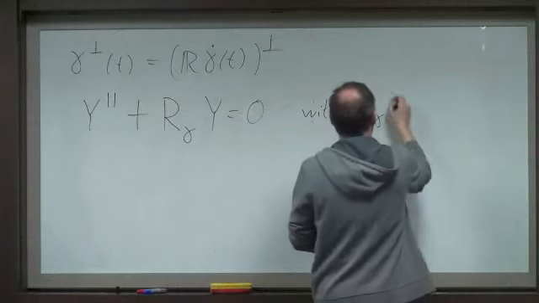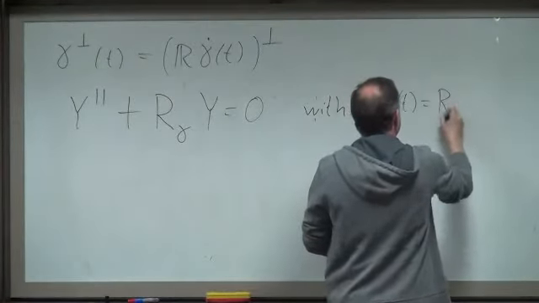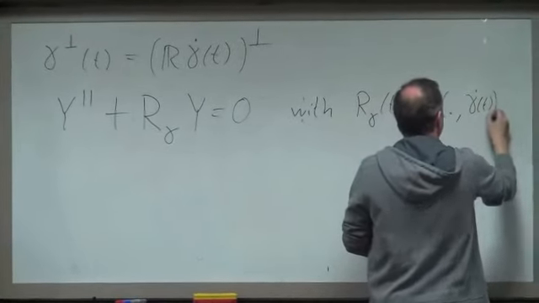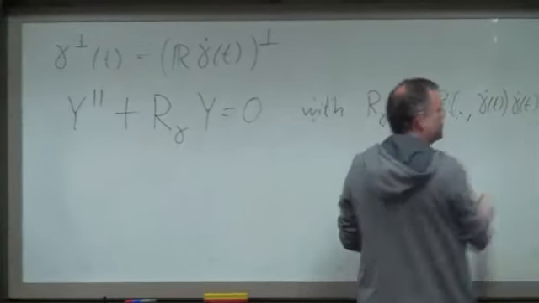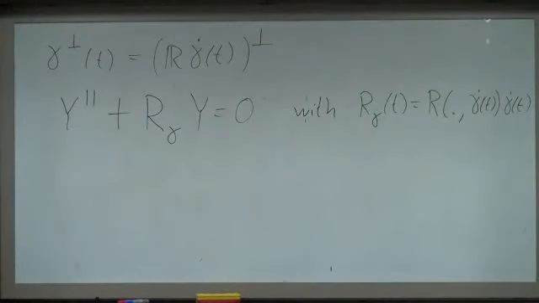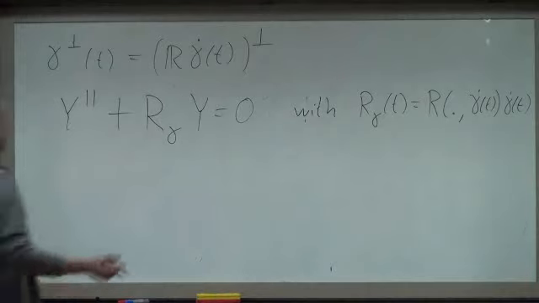Where R gamma of t is the Jacobi operator with respect to the tangent vector of the geodesic at the point t. So this is an endomorphism-valued second order differential equation. In order to get a unique solution, we have to impose two initial conditions.